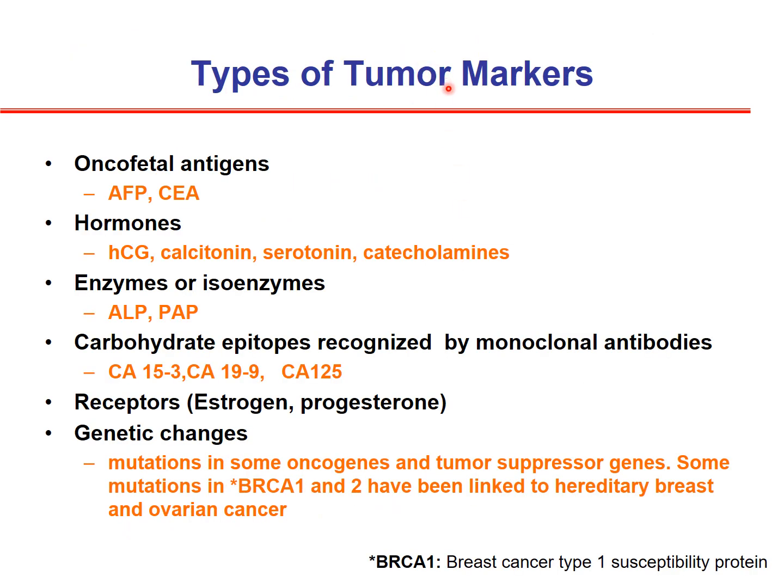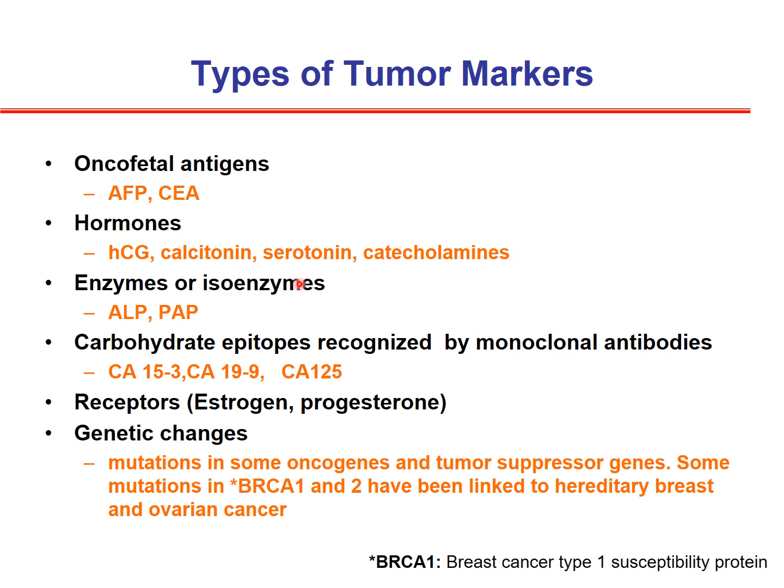What kind of tumor markers can we have? As I mentioned, anything can be a tumor marker, but we can categorize. It can be, for example, oncofetal antigens, which usually were active in fetal life but then suppressed, and these genes are released again and synthesize this kind of protein antigens. Hormones such as HCG, calcitonin, serotonin, catecholamine, and so on.